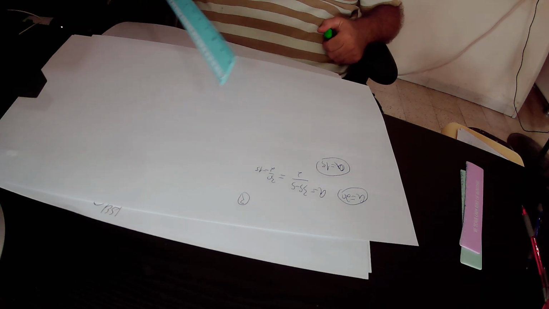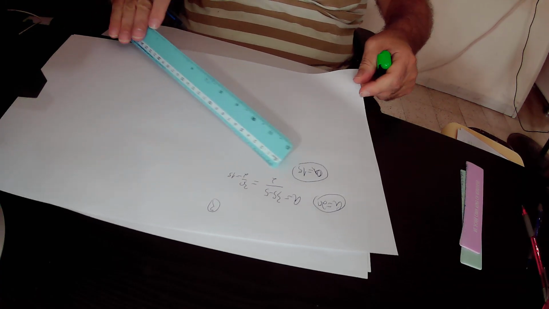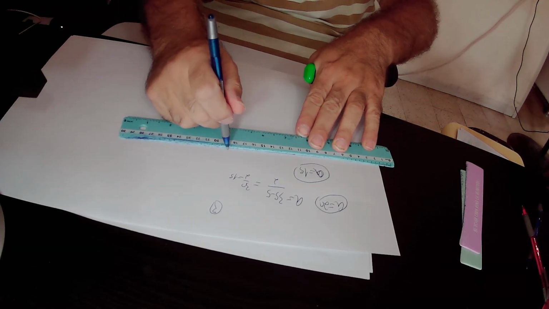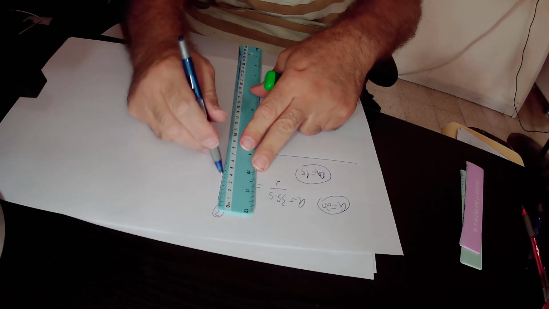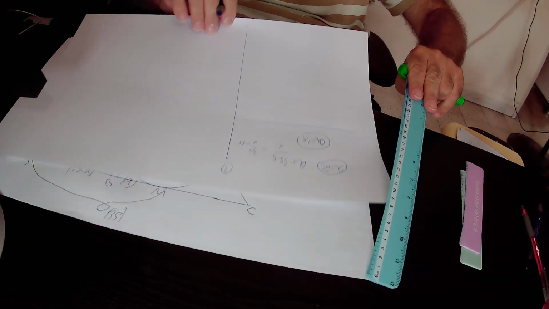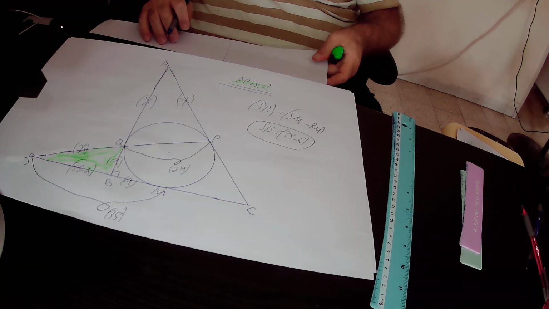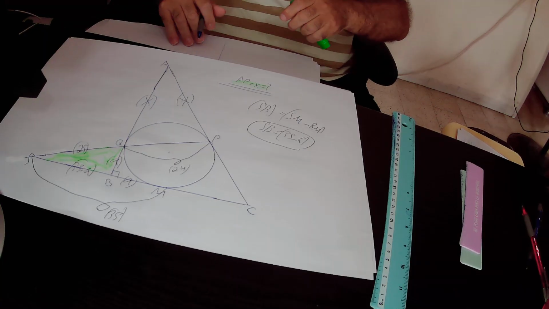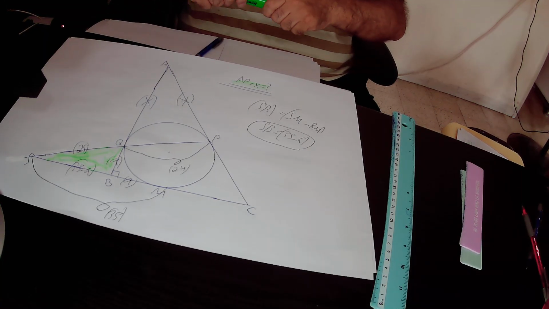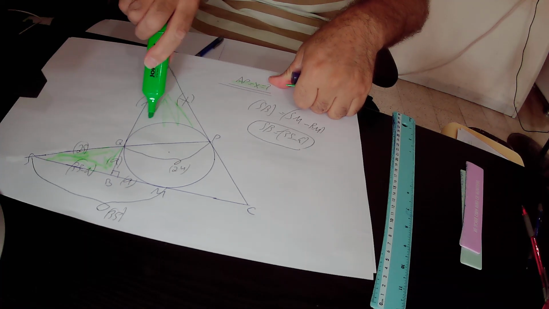Okay, so in the next step, we will do a construction. First of all, this is the red triangle AQP.